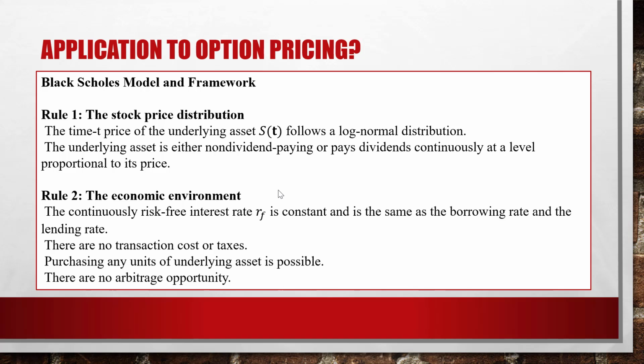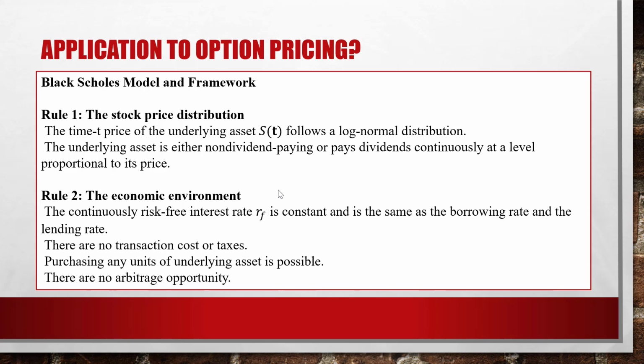The second rule is about the economic environment. Here we have four main points. The first one: the continuously compounded risk-free interest rate RF is constant and is the same as the borrowing rate and the lending rate. So you borrow and lend at the same rate, and it should also be the same as the risk-free interest rate.